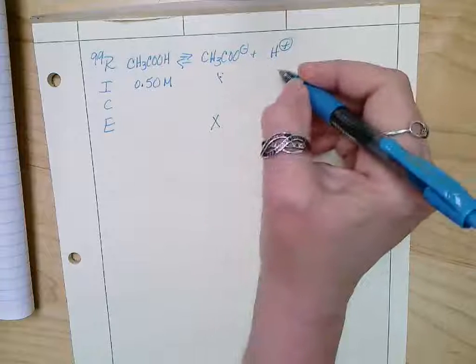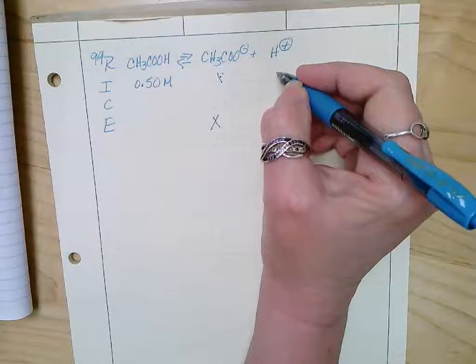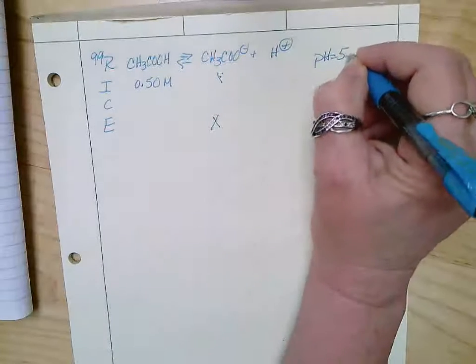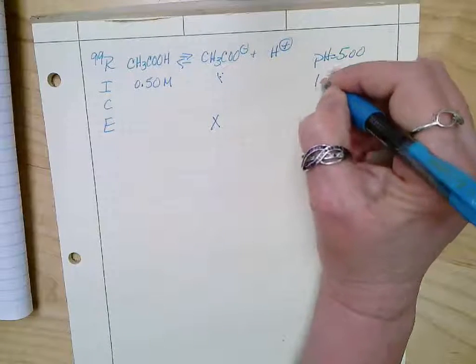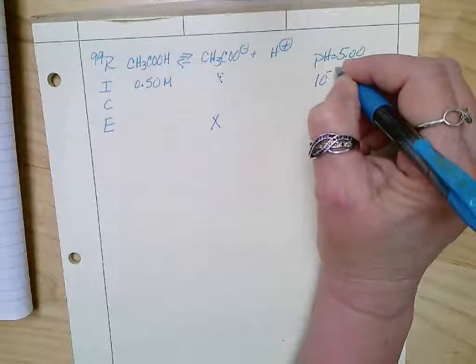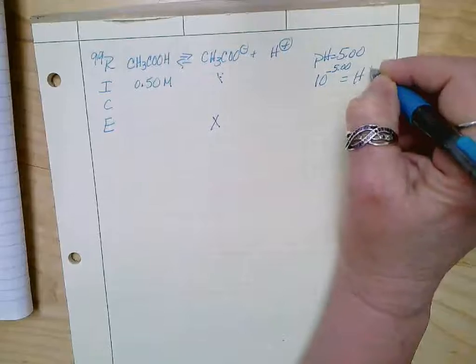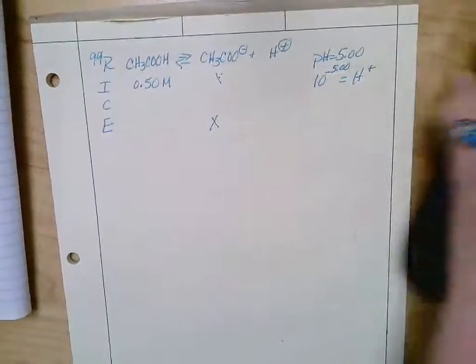What is this X going to be? And I want to have a pH equal to 5.00. So if on my calculator I do 10 to the negative 5.00, that will give me the hydrogen ion concentration.